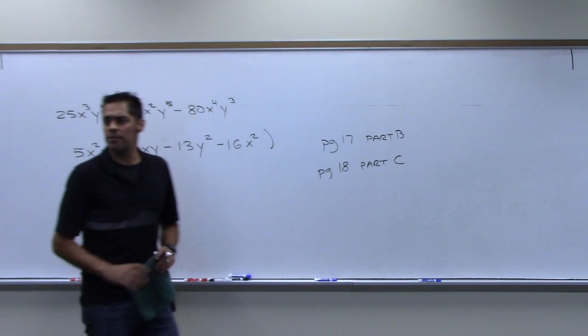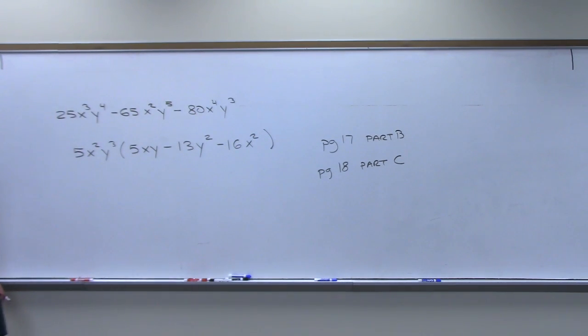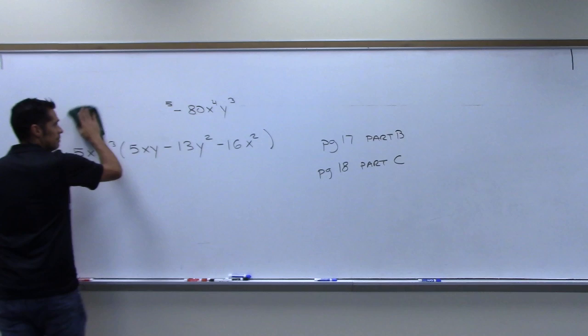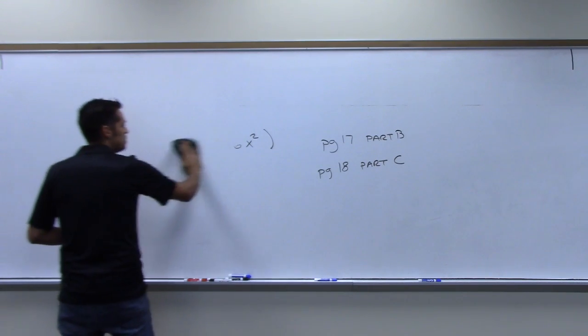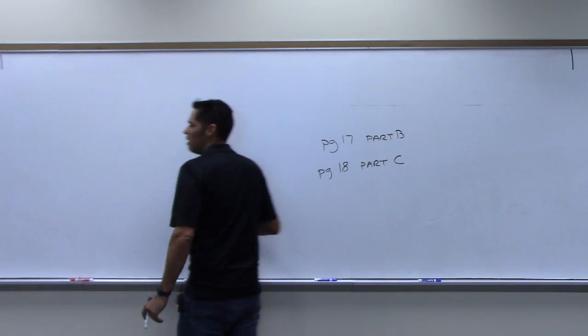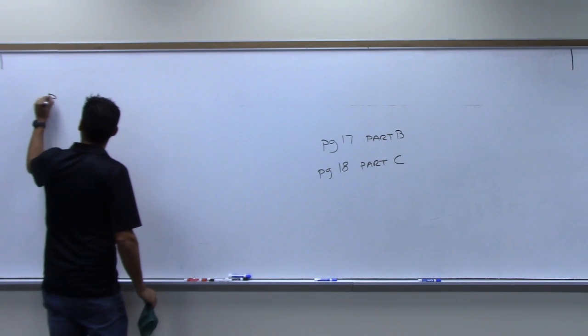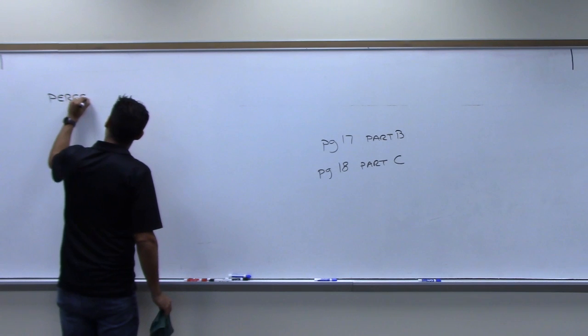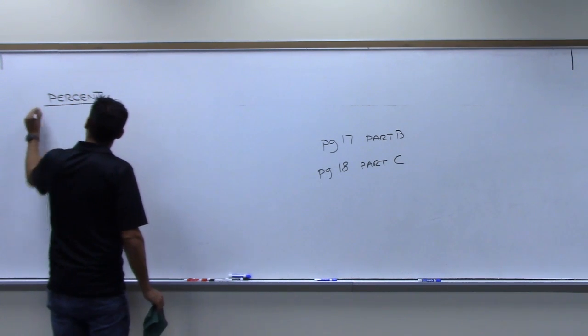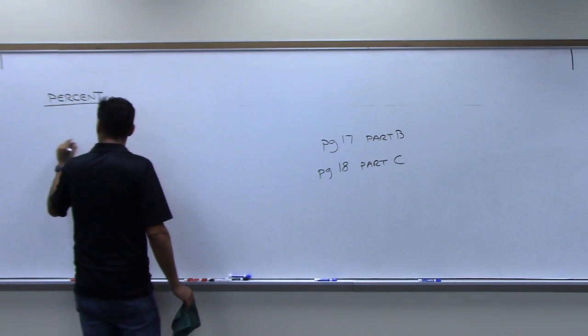Most people are comfortable with the concept of a percentage because we hear it a lot, right? Every time you get a test back, they tell you, percentage, grade. So when we say percent, what we mean is this.